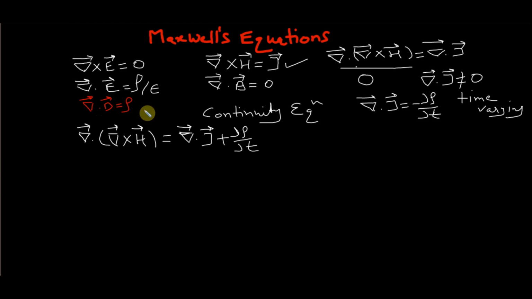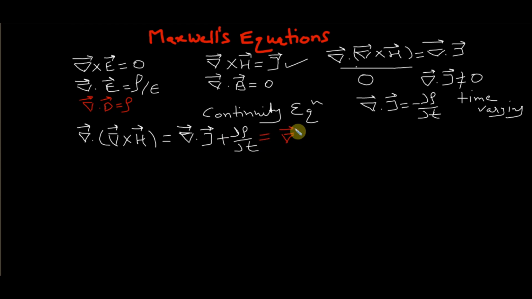You can check my previous videos for that. Just remember that del dot D is equal to rho. You could take the epsilon inside for homogeneous mediums, so certain conditions are there. So put the value of rho from that equation.